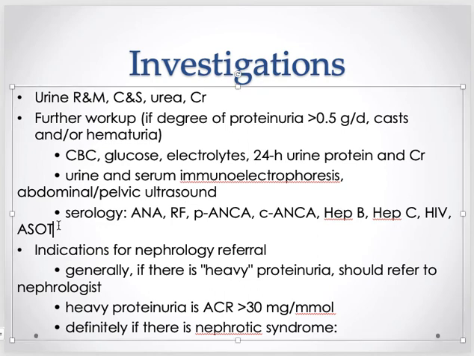Now, this is something which you maybe won't understand right now, but these are different things like anti-neutrophilic antibodies or rheumatoid factor or cytoplasmic antibodies. All these things are basically connected with connective tissue diseases, or you can say rheumatological diseases, which we are going to cover in rheumatology.